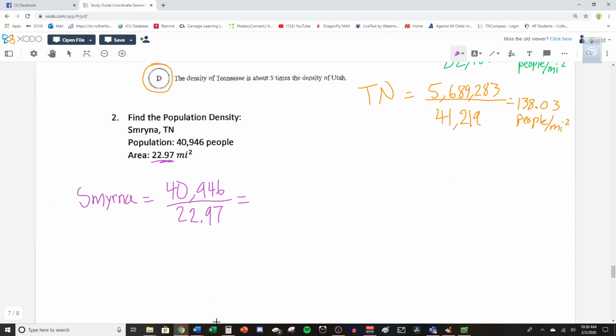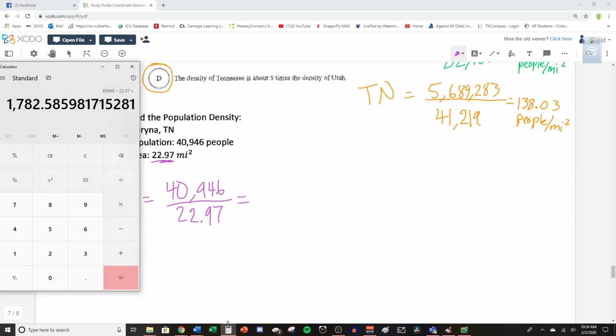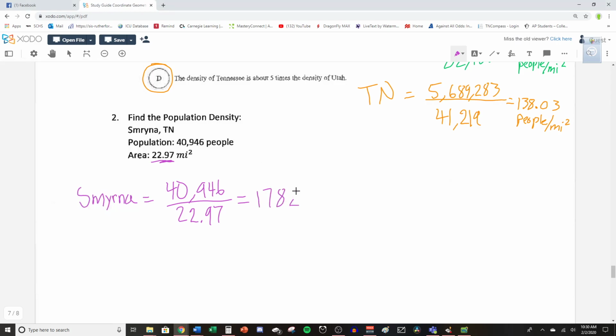But for the example of the question, we'll do 1782. We'll round this up to 59. So 1782.59 people per square mile. I think this area should go up, but we can fact check that later.